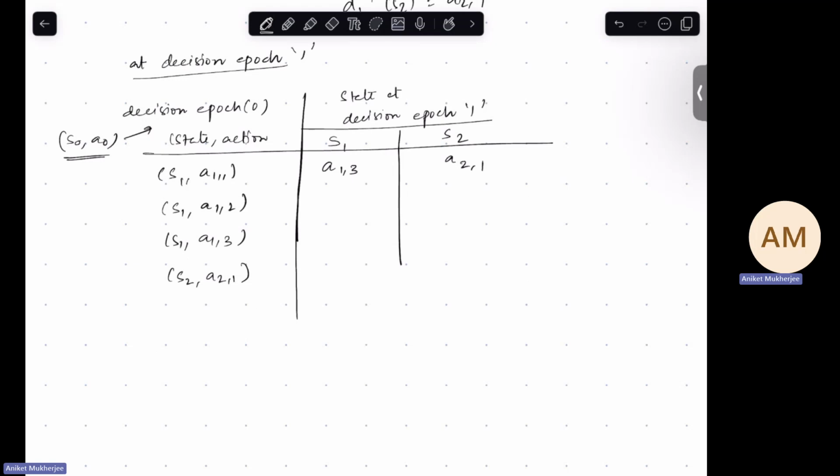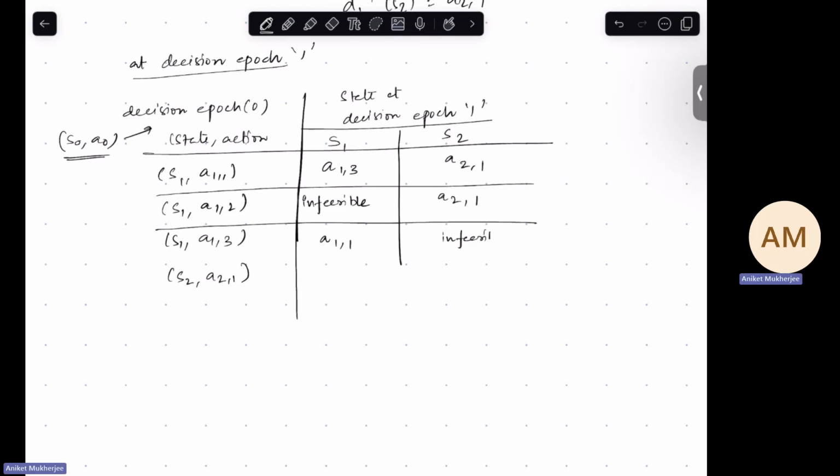Similarly, S1, A12, if you were at S1, you have taken A12, then there is no way you could have been in S1 because with probability 0.1 you would have gone to S2. So this is infeasible. This is A21. Okay. Next, suppose in the previous epoch you were at S1 and you are taking the action A13, then you would have been in A11.